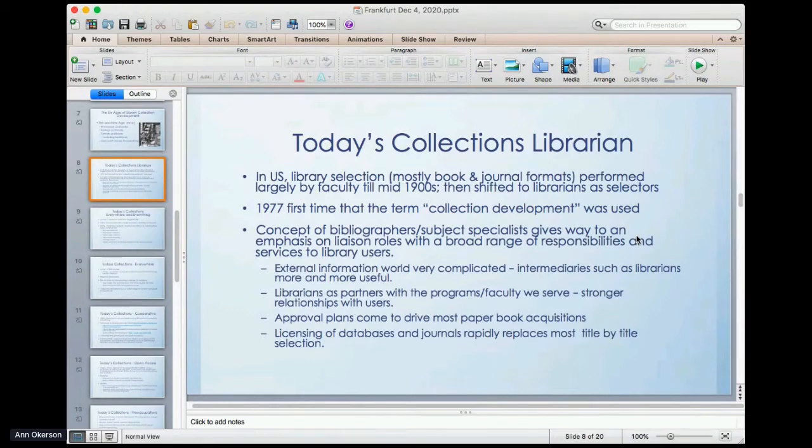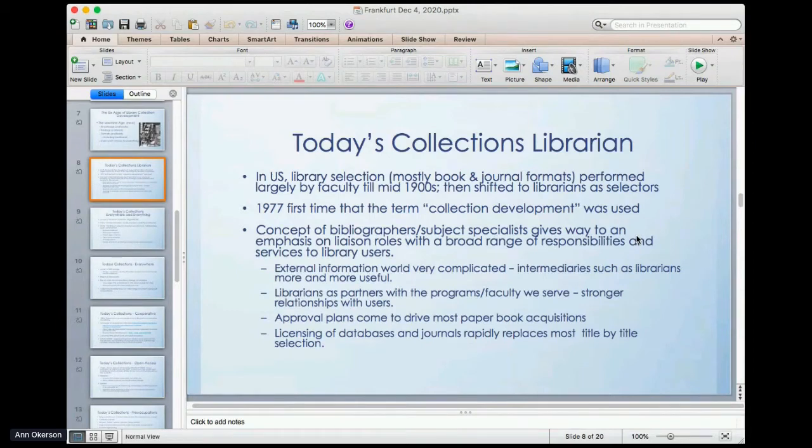These changes reflected how complicated the information world was becoming and how much the librarian as a navigating intermediary could add. Where public services in a library had once been an entirely different division of staff and function, now the back and public-facing services came together. And librarians started to become partners, working with faculty and students and the programs involved.